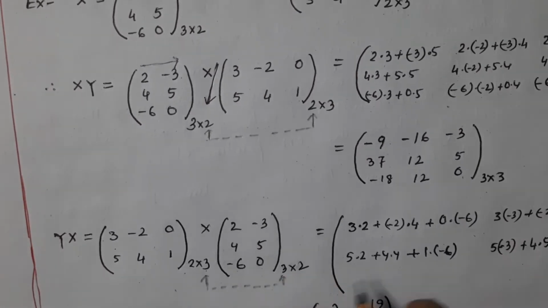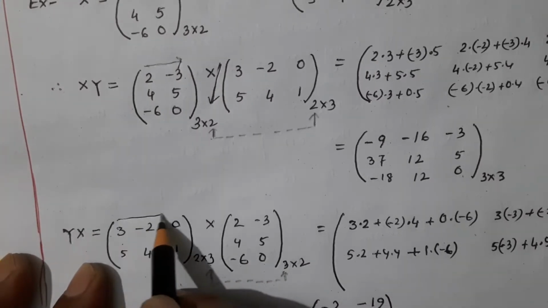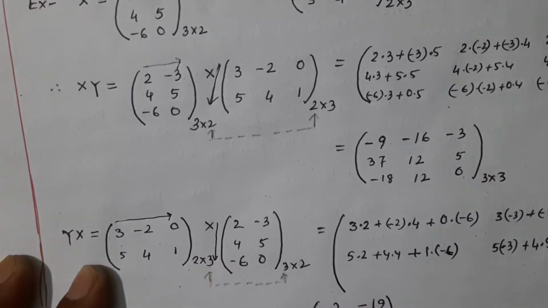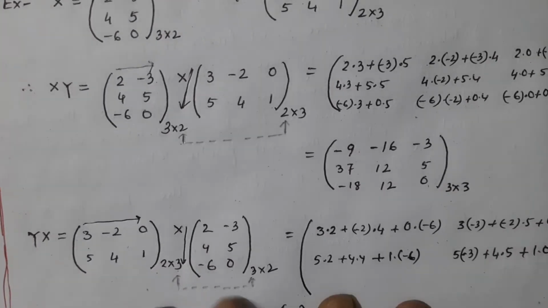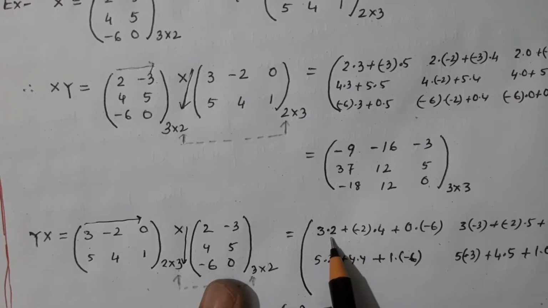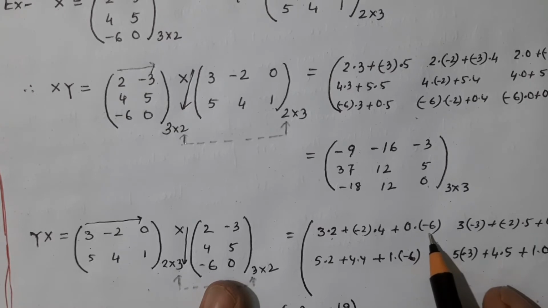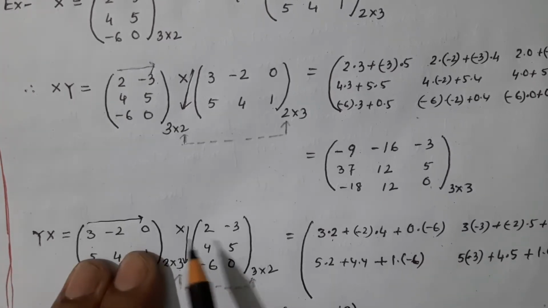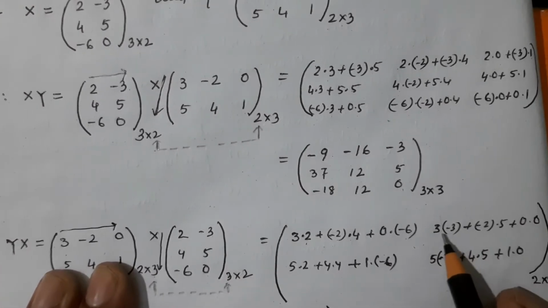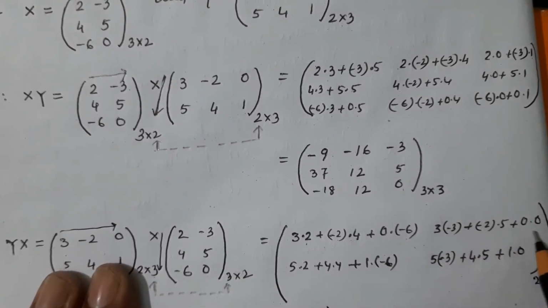And similarly, we can follow the process: row of the first matrix multiplied with the column of the second matrix. Ultimately we get 3 into 2 plus minus 2 into 4 plus 0 into minus 6, and first row multiplied with the second column, we get 3 into minus 3 plus minus 2 into 5 plus 0 into 0.